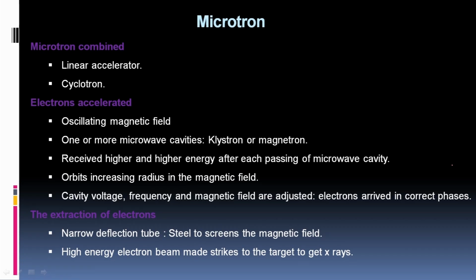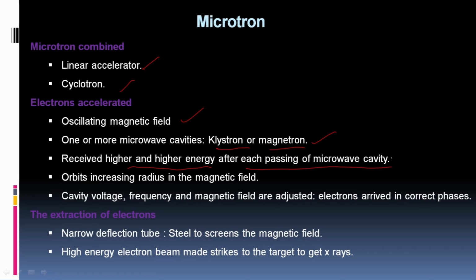So, in short, microtron is a combination of linear accelerator and cyclotron, and electrons get accelerated while experiencing an oscillating magnetic field and passing one or more microwave cavities. These microwave cavities may be klystron or magnetron, and the electrons receive higher and higher energy after each passing of the microwave cavity.